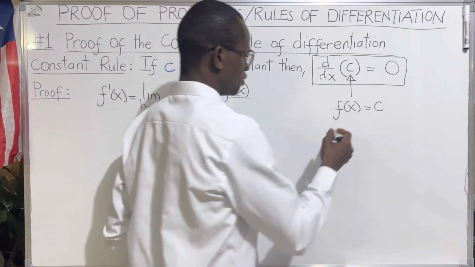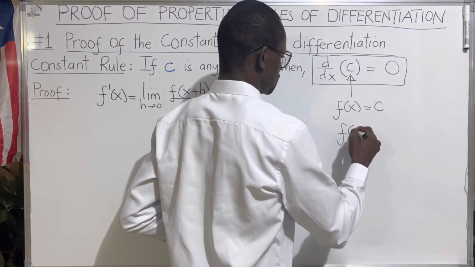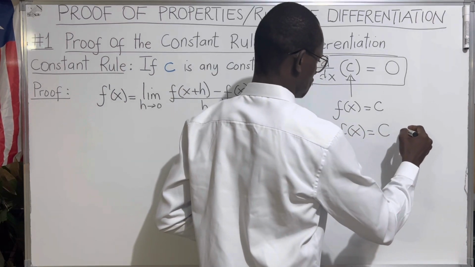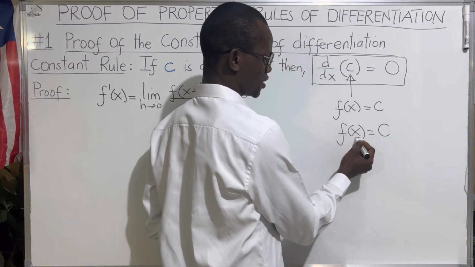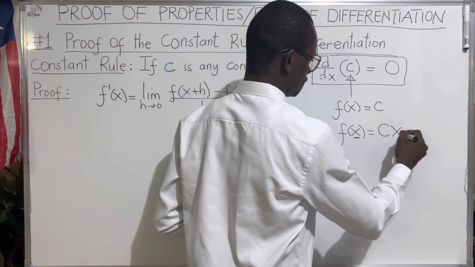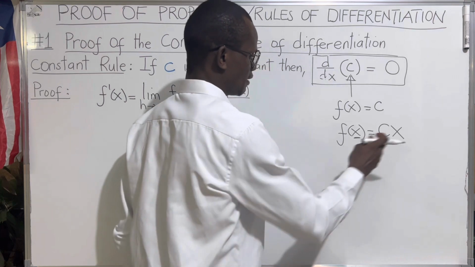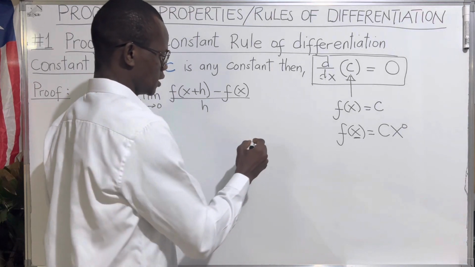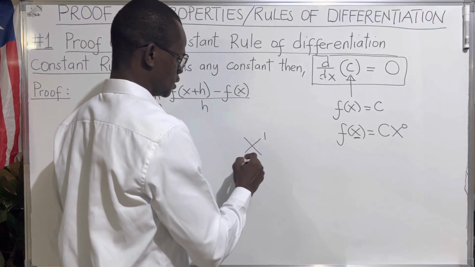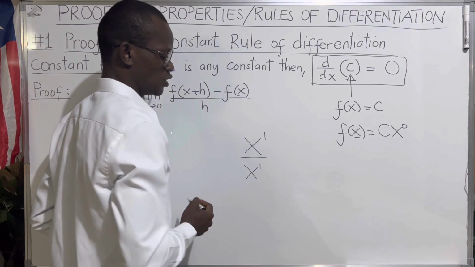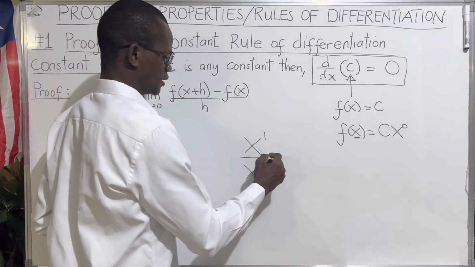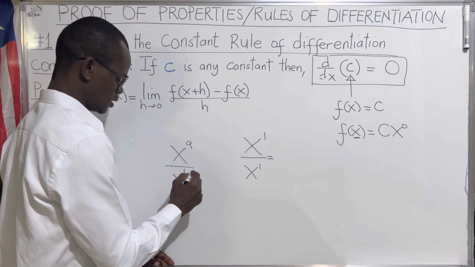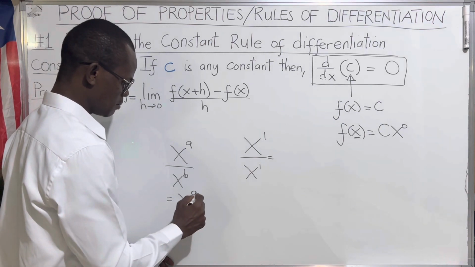Now, we know that when a constant is just standing alone, there is an invisible variable, and the variable under consideration here is x. There is an invisible variable attached to that constant, and that variable is raised to the power 0. Because we know from the laws of exponent, if you have x raised to the power 1 divided by x raised to the power 1, the law states that x to a divided by x to b is equal to x to the power a minus b.